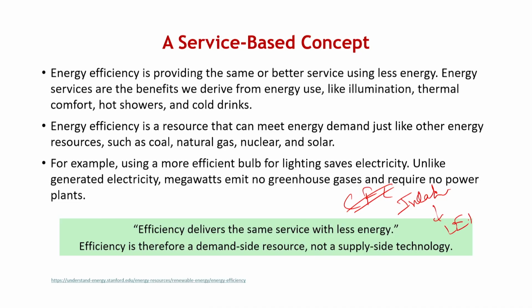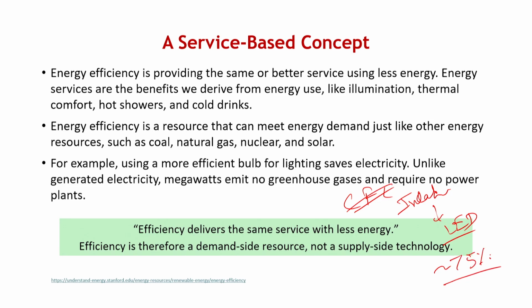So one of the biggest examples of this is LED bulbs. I've been giving this example again and again during my course earlier also, that using more efficient bulbs for lighting saves electricity. Like just moving from a CFL bulb, and CFL may also not be as good as an incandescent bulb, to an LED bulb, you save about 75% or 80% of power.